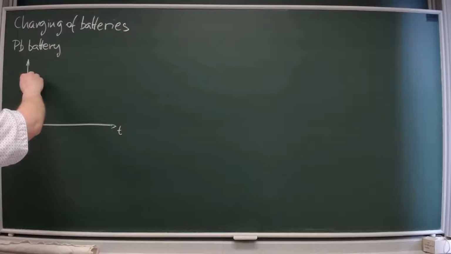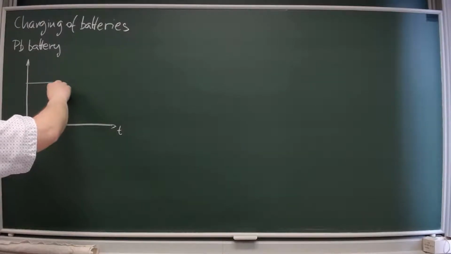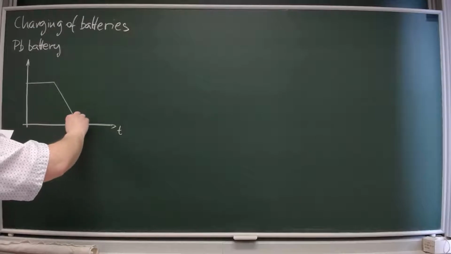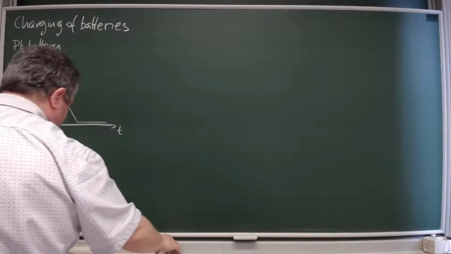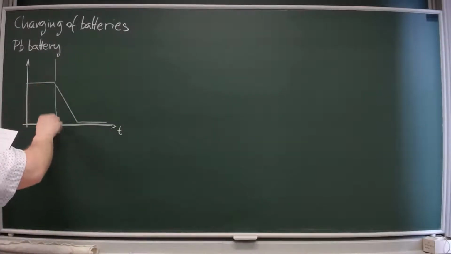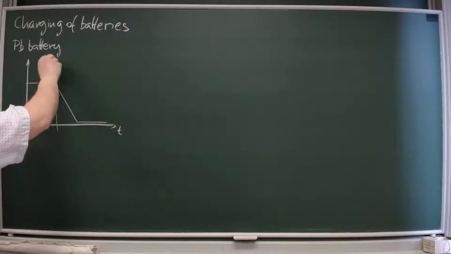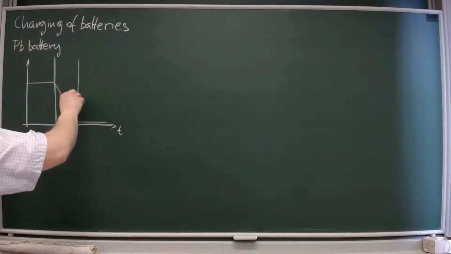Let's have first a current that starts at a constant value, then decreases, then remains a small constant value. Using that, we can define, more or less precisely, 3 zones.